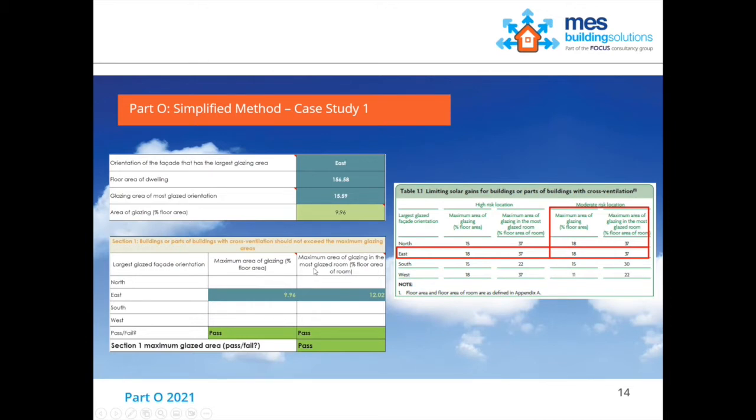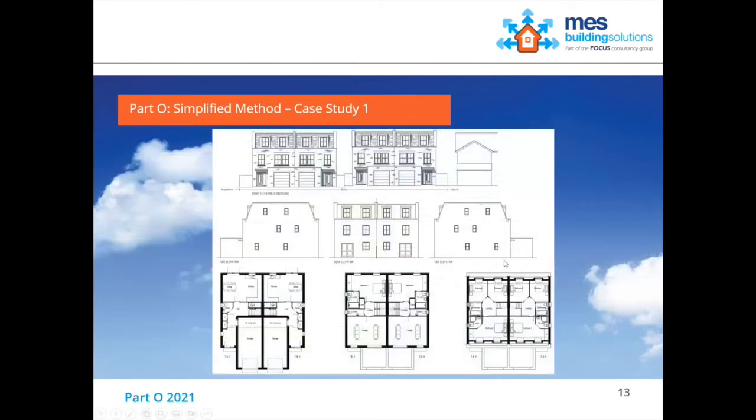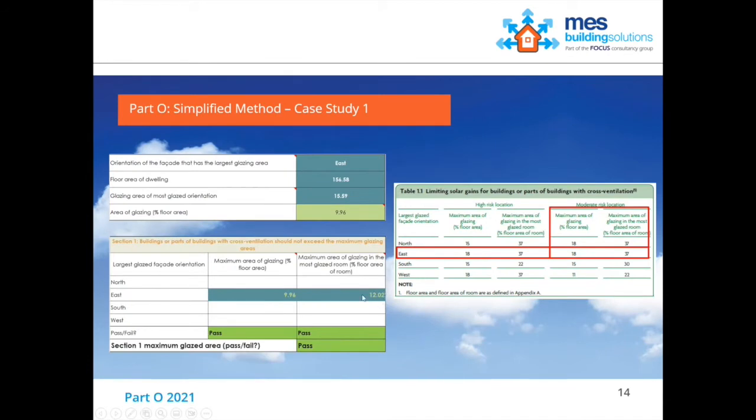Particularly because even our maximum area of glazing in the most glazed room, which is the living dining room on the ground floor because that's got the French windows in, so we've got French windows and another window over here, even there we're still only at 12% of that room. So potentially it's not as restrictive as we might think if we're looking at houses when it comes to the simplified approach.